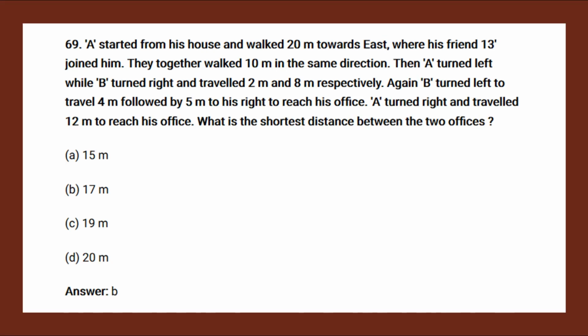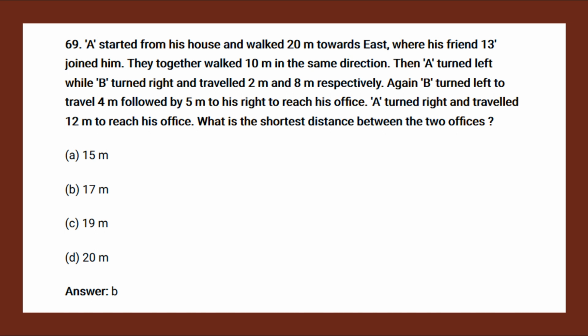Next question 69. A started from his house and walked 20 meters towards east, where his friend B joined him. They together walked 10 meters in the same direction. Then A turned left while B turned right and traveled 2 meters and 8 meters respectively.